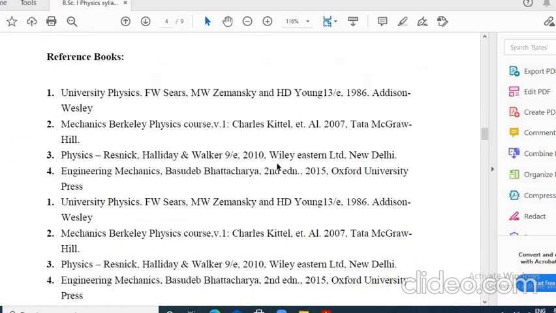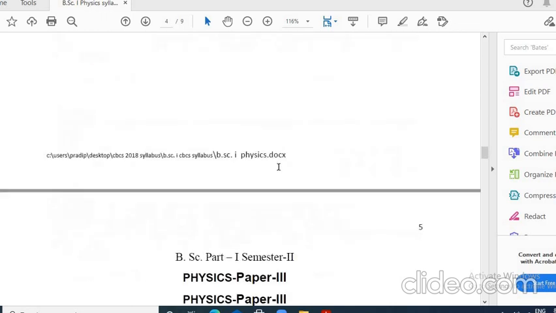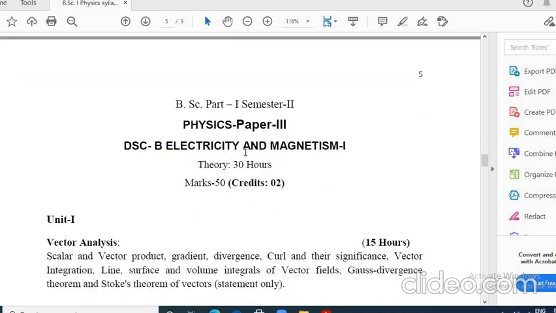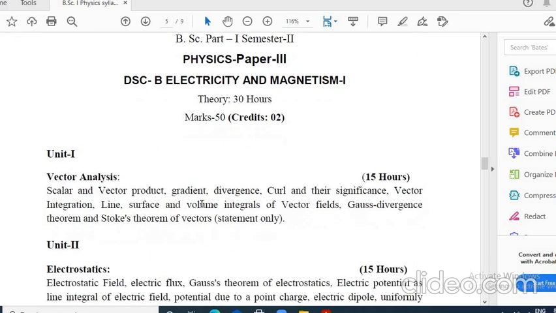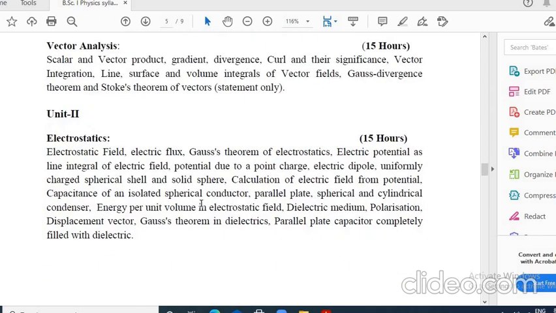Now, in this semester, we have already discussed physics paper 3rd, the name of this paper is electricity and magnetism, which consists of 2 chapters or 2 units. One is vector analysis and another is called electrostatics.